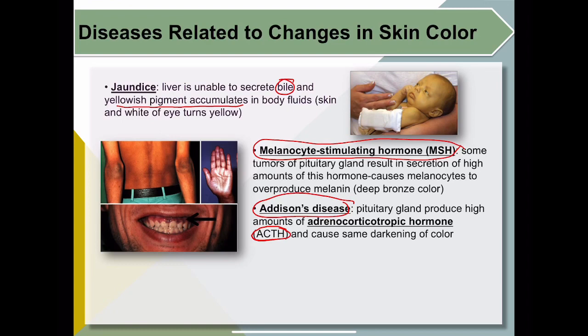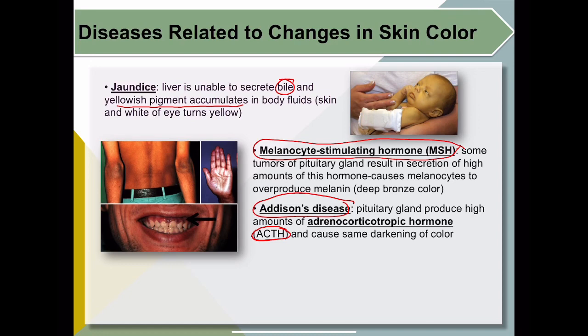That's why we call the pituitary gland the master gland of our endocrine system: a lot of other hormones released by other endocrine organs have to have a main command coming from the pituitary gland, and that main command a lot of times comes in the form of a hormone. In this case, ACTH is what activates the adrenal gland to release cortisol.